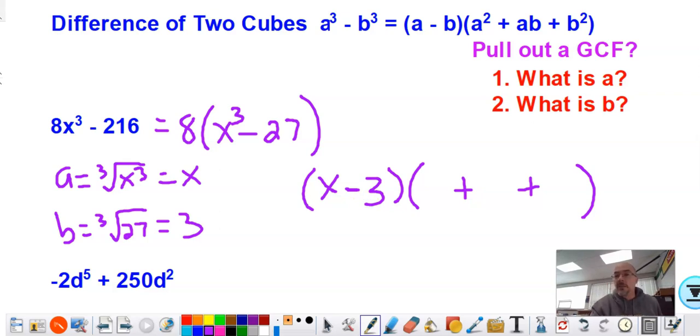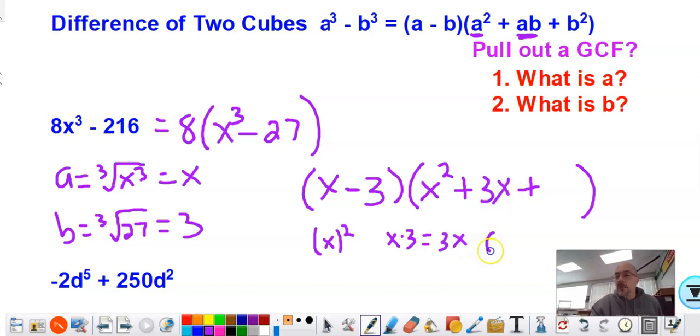So now I'm going to take the a and square it. Well, that would be x squared. Now I'm going to take and multiply the a and b together. Well, that would be 3x, right? X times 3 is 3x. And then we're going to take the b and square it. So that would be 3 squared, which is 9. And there is our answer.